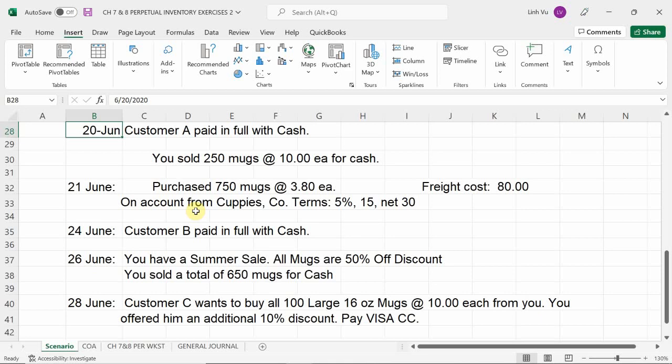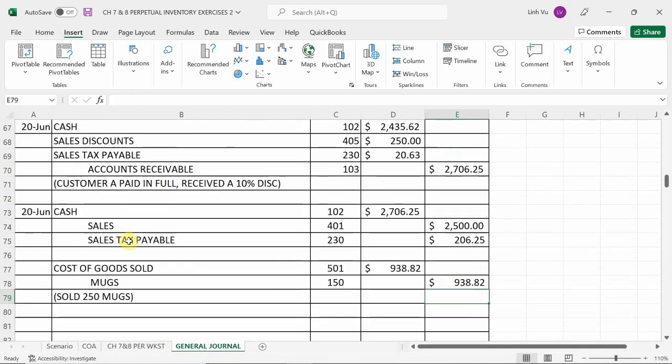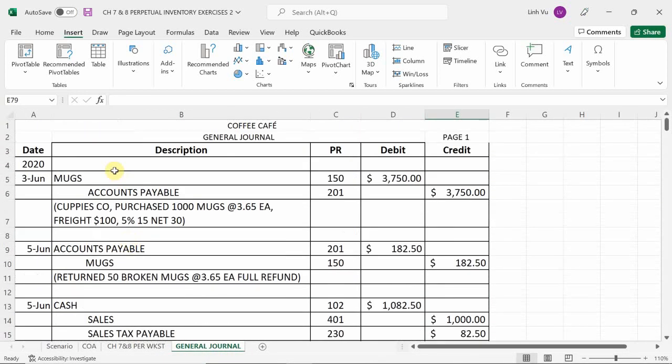I made a purchase of 750 mugs at $3.80 with a freight of $80. Okay, 750 mugs on account. Right? So once again, you've seen this transaction before. Only difference is the numbers have changed.